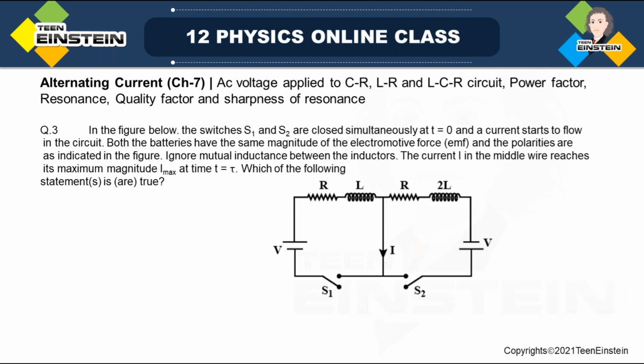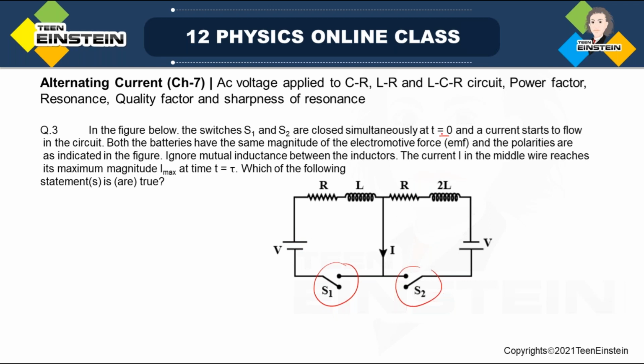The problem states that in the figure below, the switches S1 and S2 are closed simultaneously at t is equal to 0. In this figure there are two switches, S1 and S2, and two LR circuits, and there are two batteries V1 and V2.